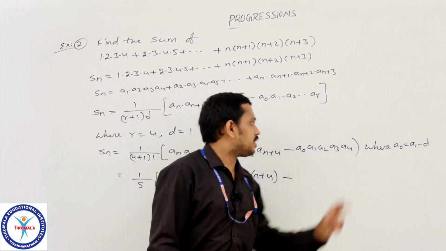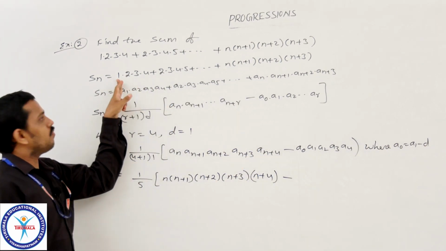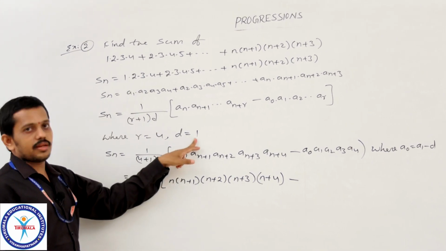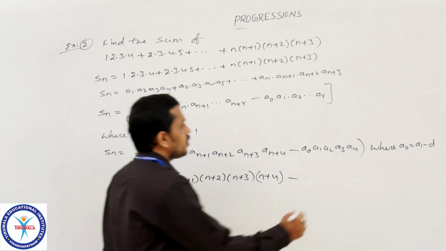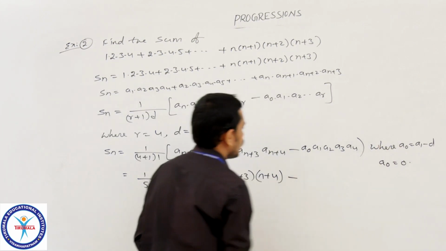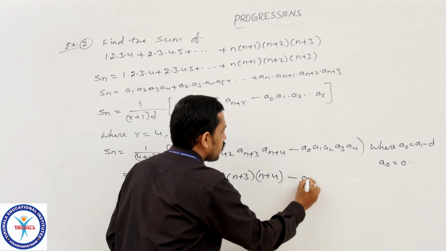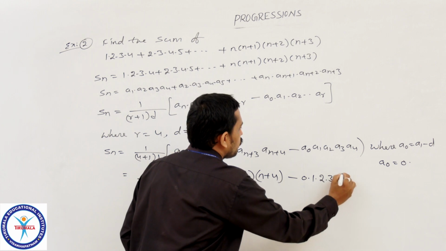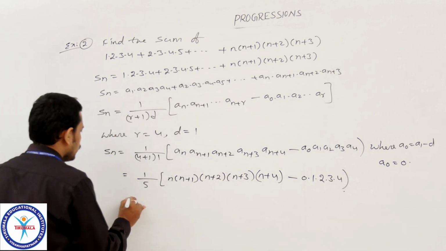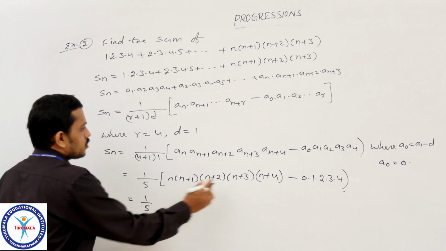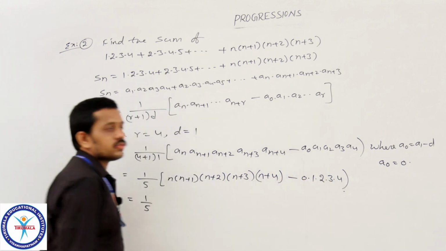So, a1 minus d. What is a1 here? a1 is equal to 1. So, 1 minus common difference 1, 1 minus 1 is 0. So, here a0 is equal to 0. Therefore, a0 (0) into a1 (1) into 2 into 3 into 4 is 0, since 0 into anything is 0.